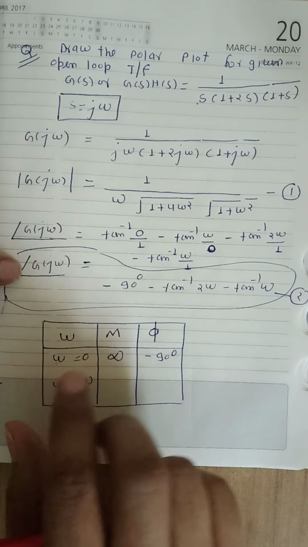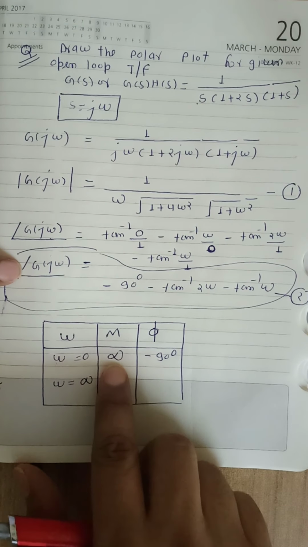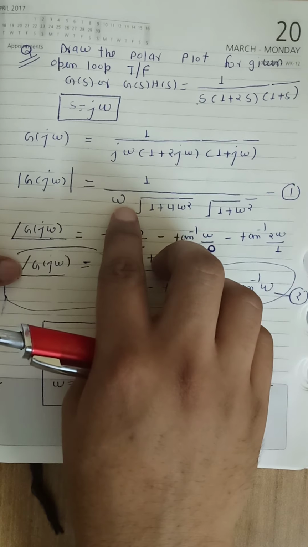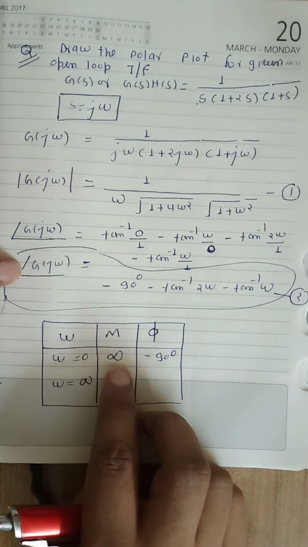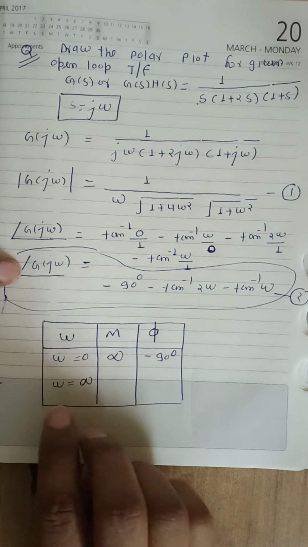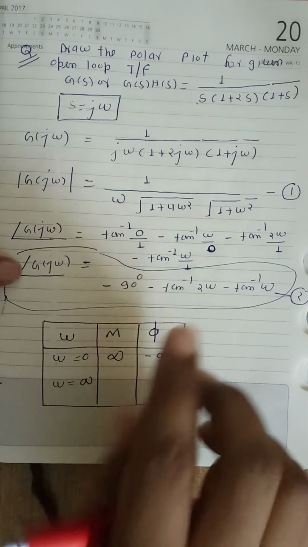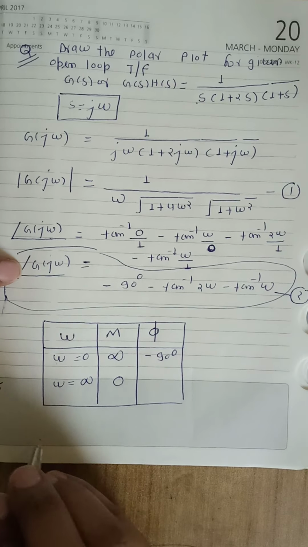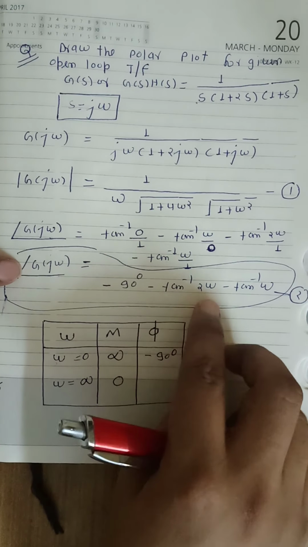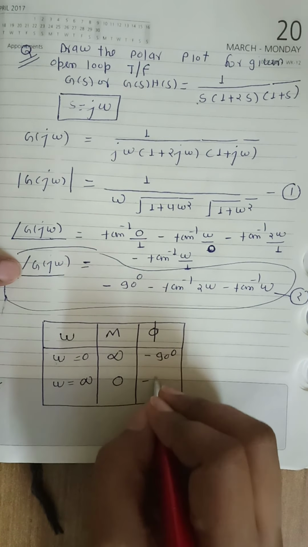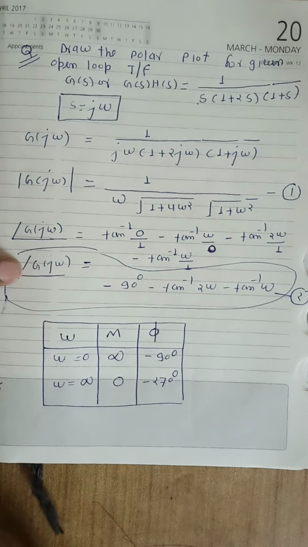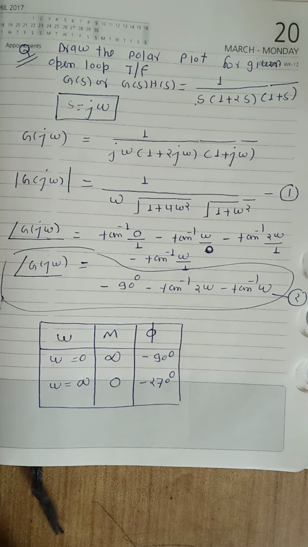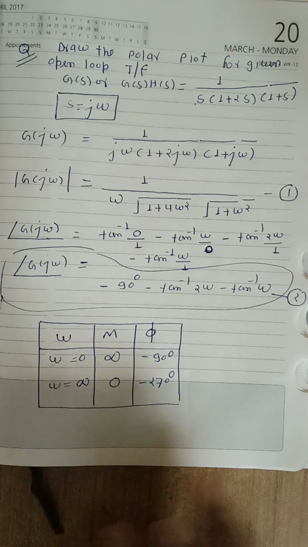And for omega equal to infinity, magnitude becomes 0 and phase angle becomes minus 90 minus 90 minus 90, that means minus 270 degree. Now let us see how we can draw the polar plot.